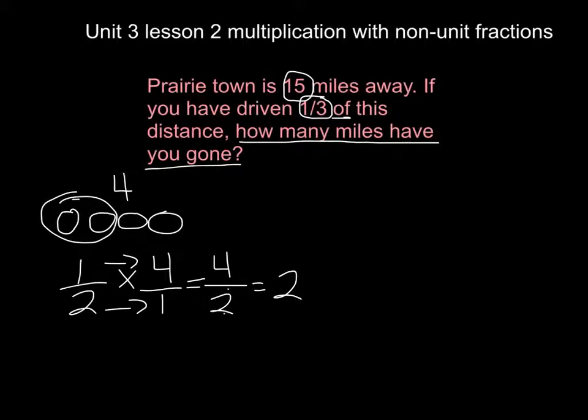So if you use a simple problem like this to remind yourself of what type of answer you should get when you're multiplying fractions and whole numbers, then you can always check very quickly for reasonableness. We're always wanting to check our answer and make sure it seems reasonable. So when you're not sure of what kind of answer you should get, just go back to the banana problem, a very simple banana problem. There are 4 bananas and you have half of them. How many do you have?